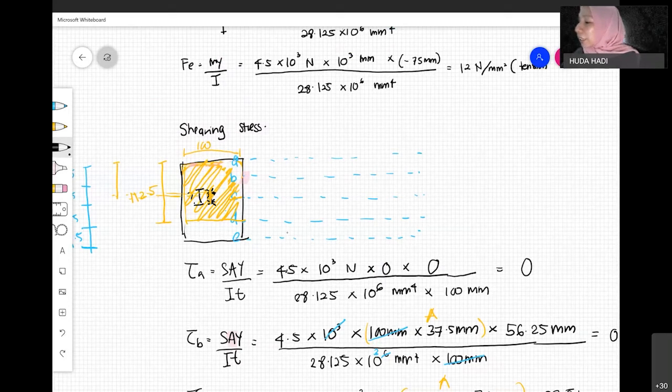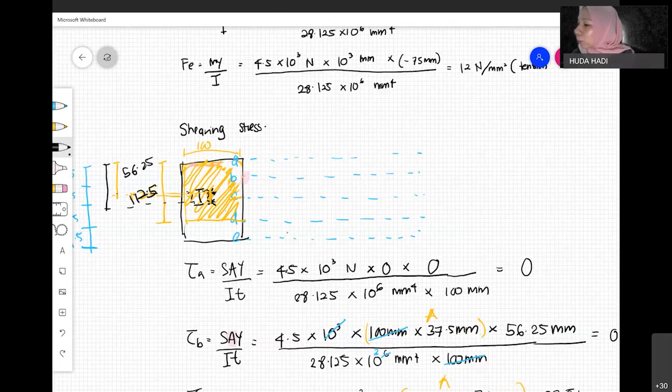Okay, jadi 112.5 ni, you kena bahagi 2. So you bahagi 2, you dapat 56.25. So ini jarak daripada sini. Okay. And then daripada atas ni juga sampai C, which is the centroid lah.